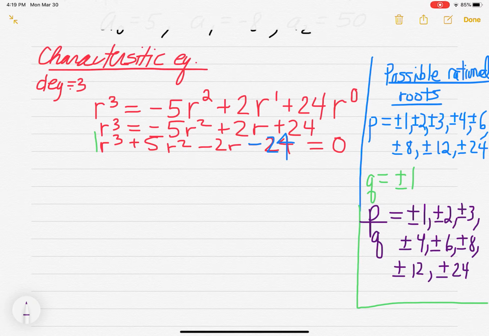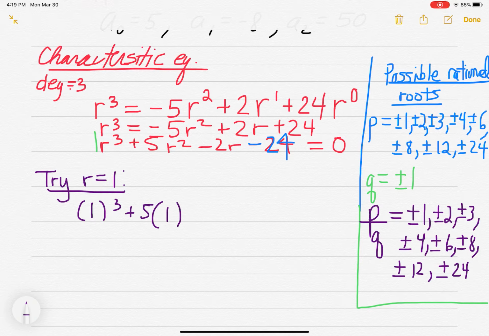So why don't we try, for example, plugging in 1 to see if it works. We're going to try r equals 1 and see if that is in fact a root. We plug 1 in and see what happens. We get 1 cubed plus 5 times 1 squared minus 2 times 1 minus 24, and see if we get 0.